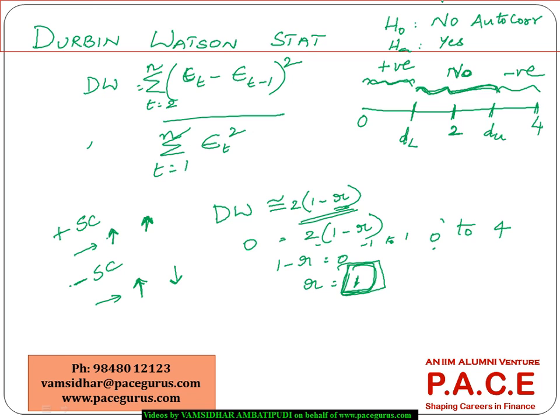This aspect needs to be looked at from the perspective of time series analysis. That's one more dimension that is advised before we progress any further on the time series model. We need to understand whether serial correlation is present in the data, and if it is present, what will happen?